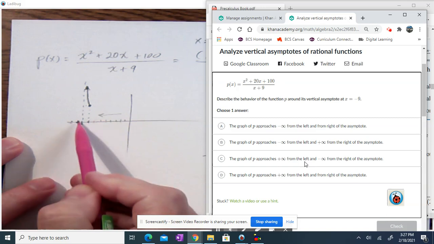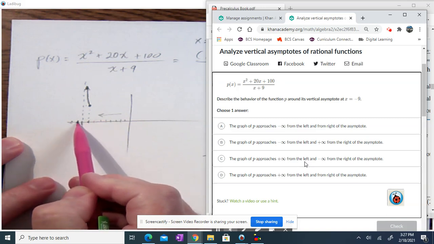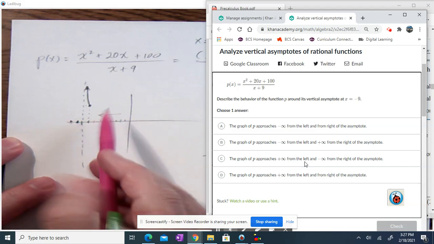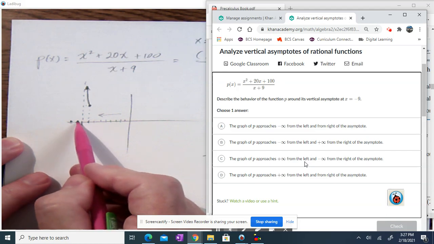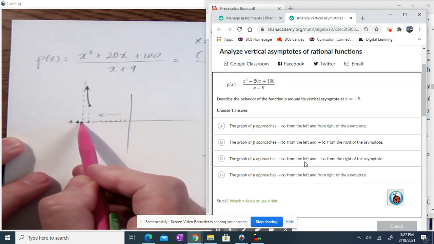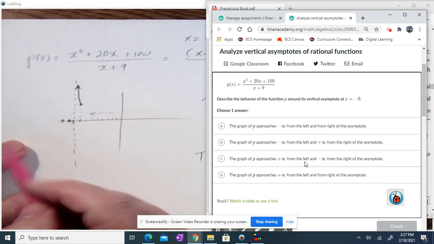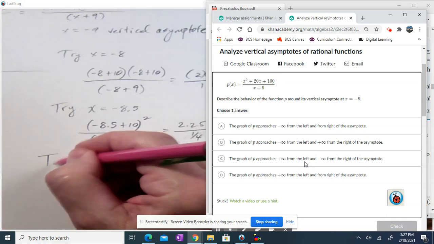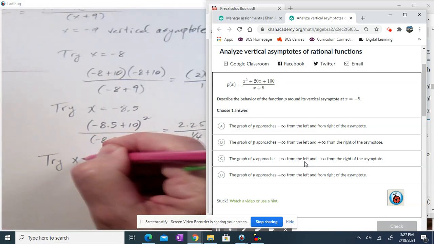So I could put in a 10 here. Now, I know what happens at -10. It touches the x-axis. So maybe I should try something closer to -9. How about negative 9.5, which is right about there? So let's try negative 9.5, which is on the other side. So try x equals negative 9.5.